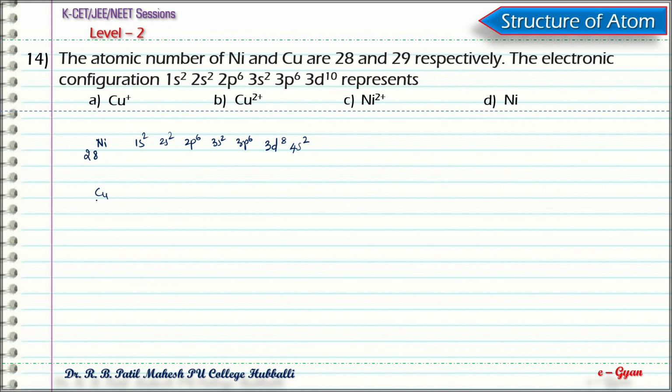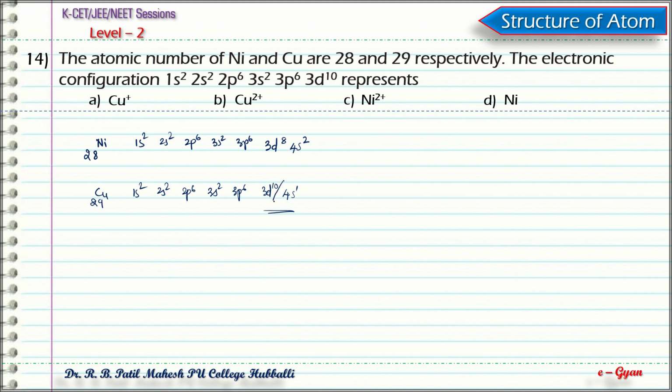Whereas copper, atomic number 29: 1s2, 2s2, 2p6, 3s2, 3p6, 3d10 and 4s1. It has a 3d10 configuration because completely filled orbitals are more stable than incompletely filled orbitals.